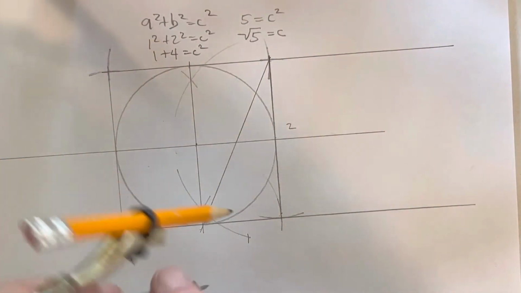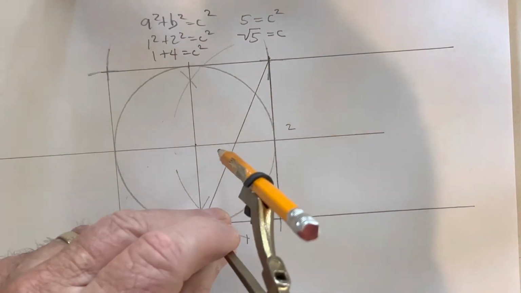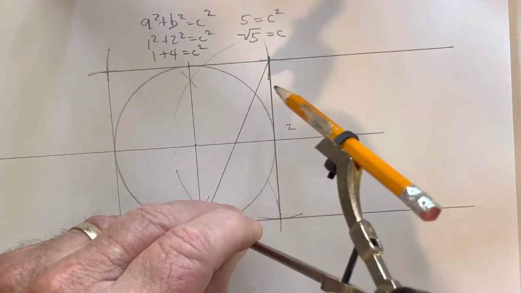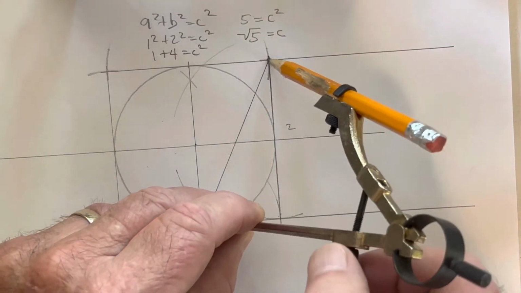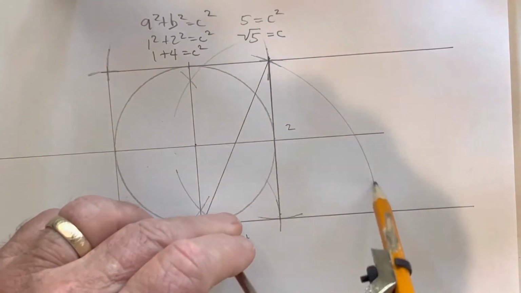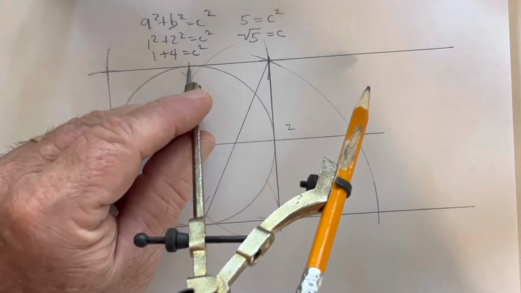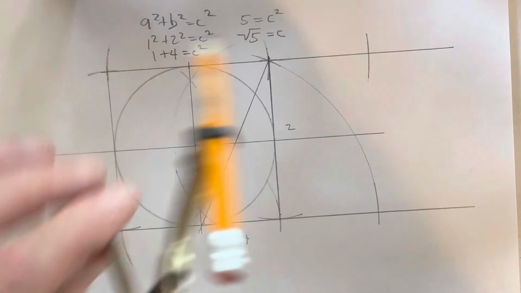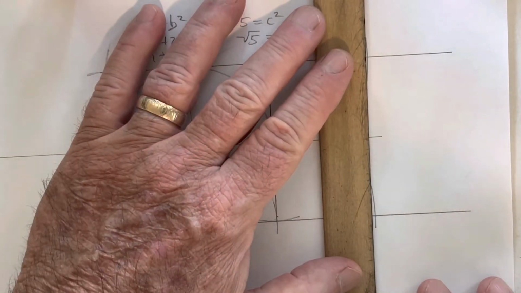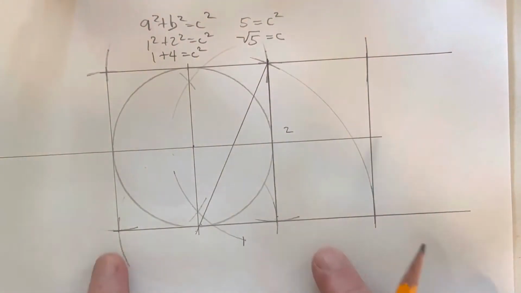So if I take that measurement, this is the square root of 5. Bring it down here. I'm going to go up here to the middle part and connect it over here also. Now if I connect this, now we have the golden rectangle.